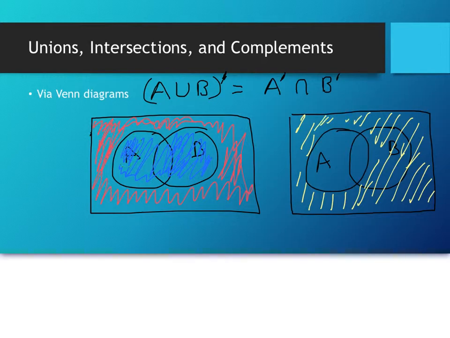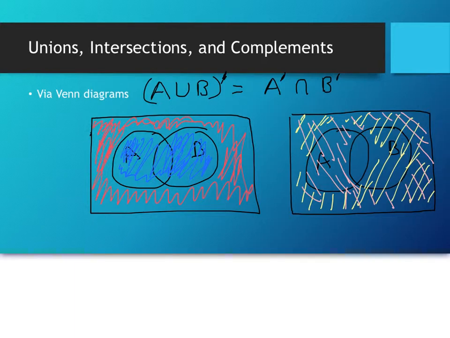Now everything outside of B is B complement. So I'll draw that in a different color, and I'll draw the stripes going the other way. So anything outside of B is B complement.